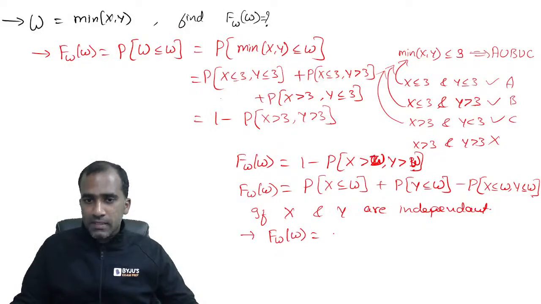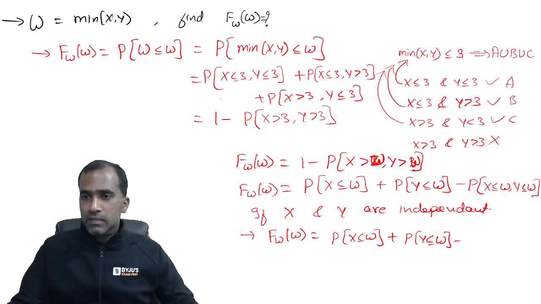I'm just copying it as it is. P of x less than or equal to w plus P of y less than or equal to w minus this joint probability, which can be written as the multiplication of individual probabilities. Okay, so what is the meaning of this?